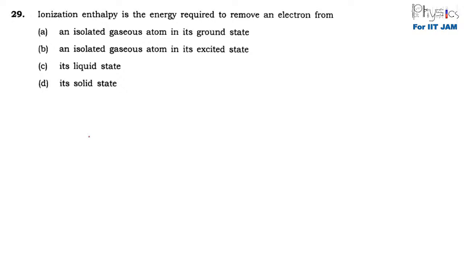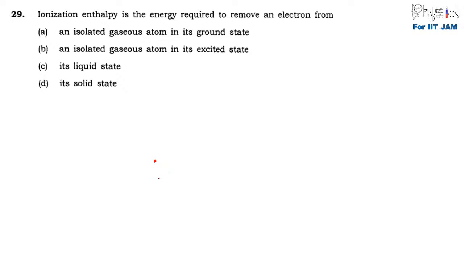Okay, so here we all know it is quite an easy question. We all know that by definition itself, the ionization enthalpy is the minimum amount of energy required to remove the most loosely bound electron, or we can say a valence electron, from an isolated neutral gaseous atom or molecule, right?